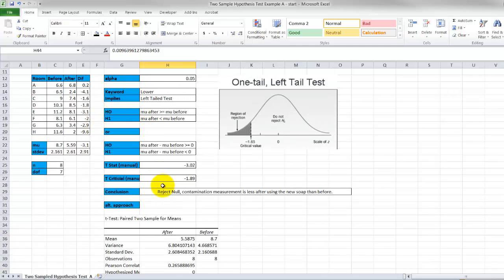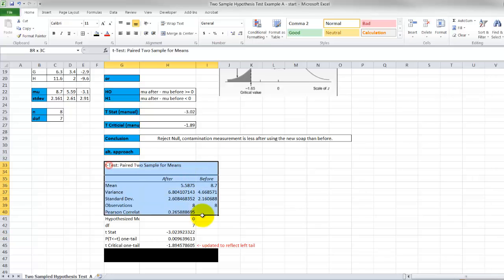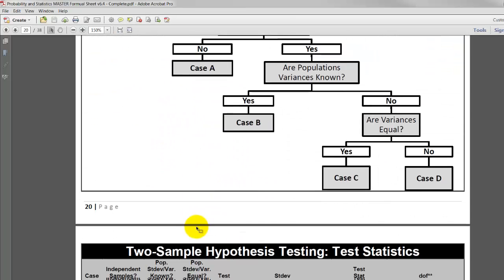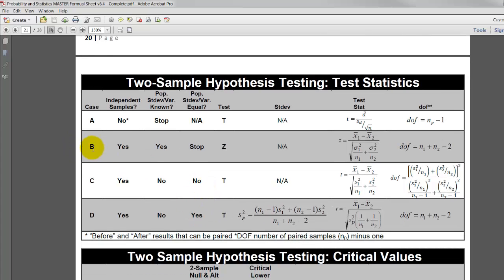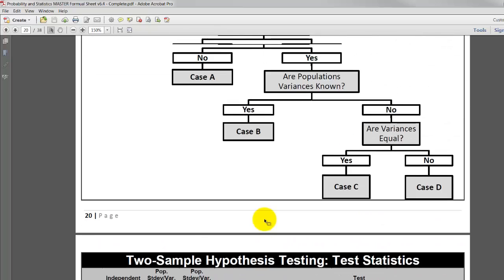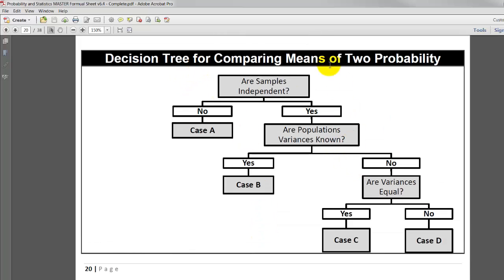We can do it through the manual methods, or thankfully we have the software that can implement this. Again, it becomes more of an issue when we start looking at other cases, and those cases get difficult to calculate things like the test scores and the critical values and so forth. Now the cases will come into play later when we solve other problems.